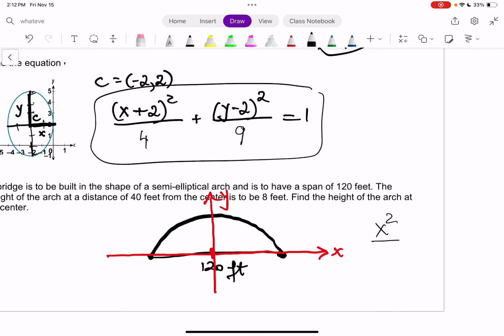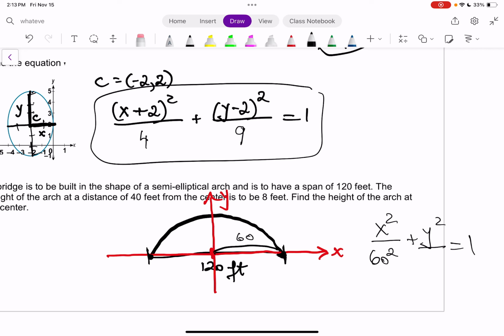Therefore, we can try and come up with the equation of this ellipse based on that. And let's see what we know. We know the span of the whole bridge is 120 feet. So from here to here is 120 feet. From the center to one end is only 60 feet. So in other words, A is 60.